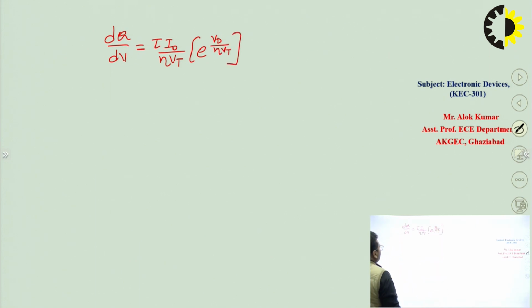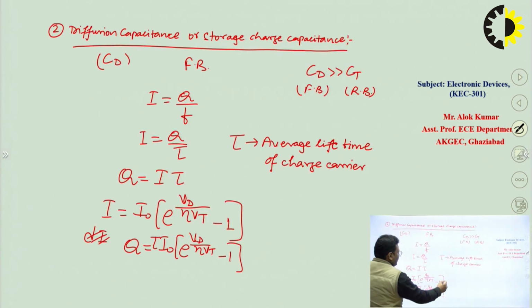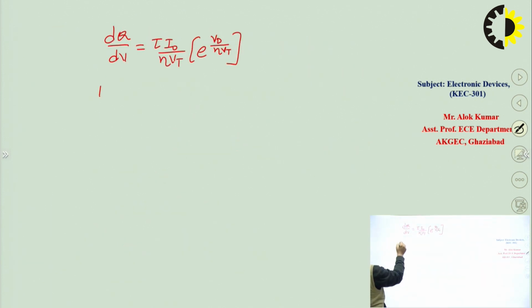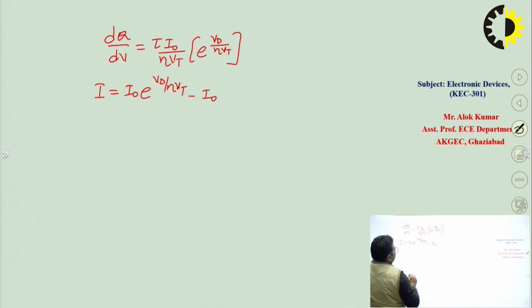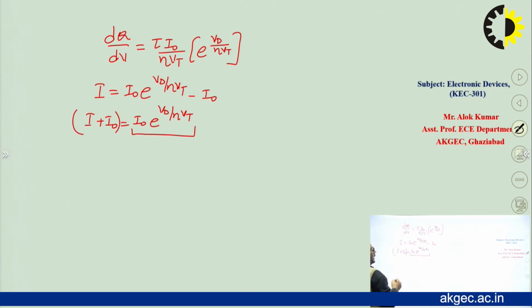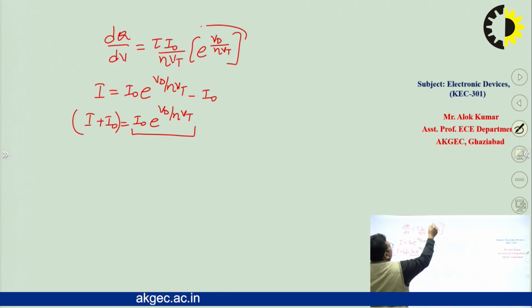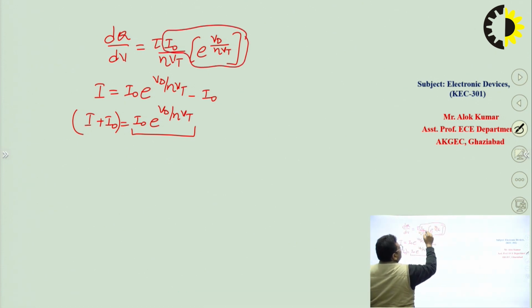It will be tau into I naught divided by eta Vt and e to the power Vd upon eta Vt. Now again if I use this equation, I is equal to I naught e to the power Vd upon eta Vt minus I naught. Take this I naught on this side, so I plus I naught is equal to I naught e to the power Vd upon eta Vt.